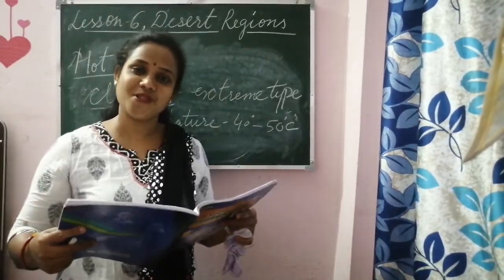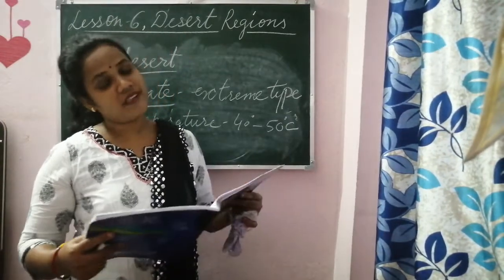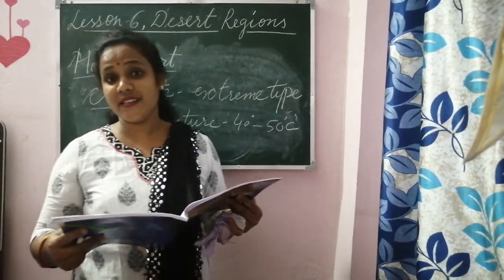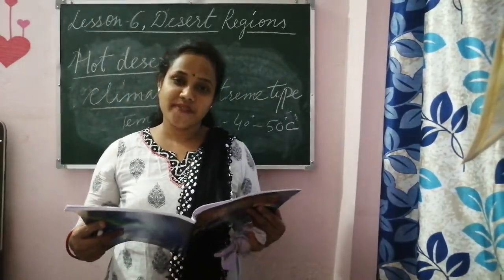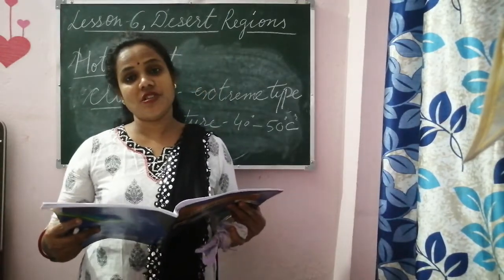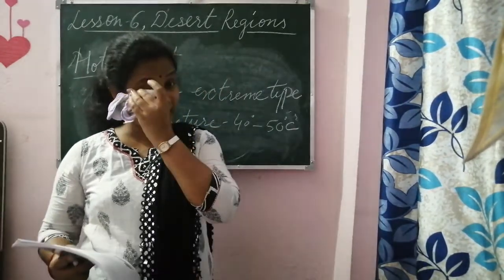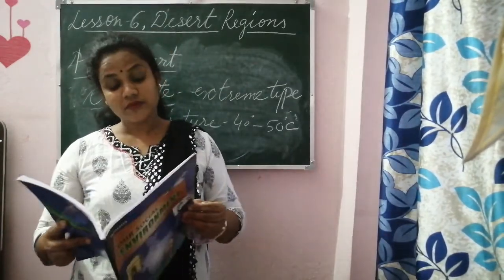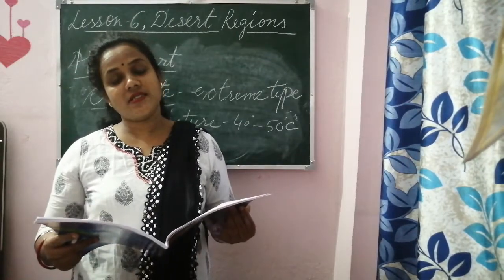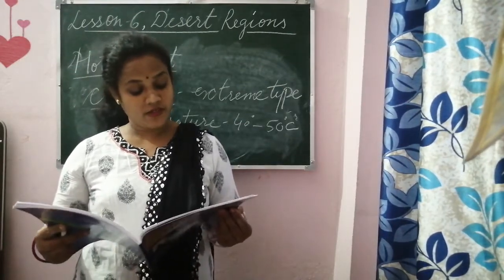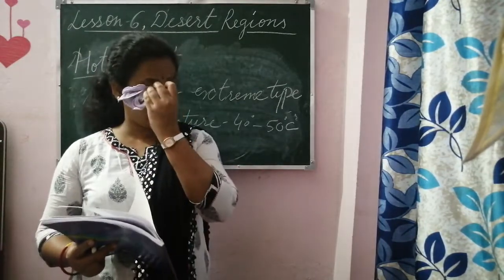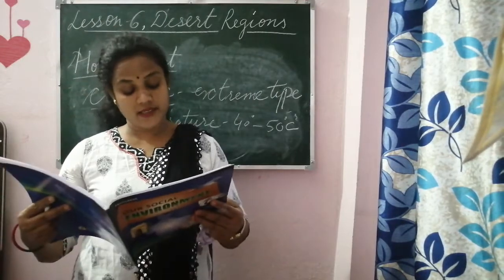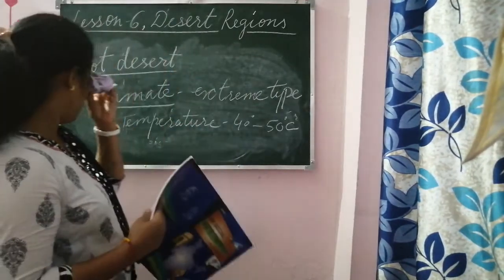So this is all we have for today, children. We have learnt about what is desert. I told you desert is any hot or cold land area receiving rainfall less than 25 centimeter. Formation, how it is formed? It is formed by man-made activities, which are deforestation and overgrazing, and some deserts are naturally present. Then we have learned types of desert: cold desert, hot desert, coastal desert, semi-arid desert, and we have learned about hot desert.